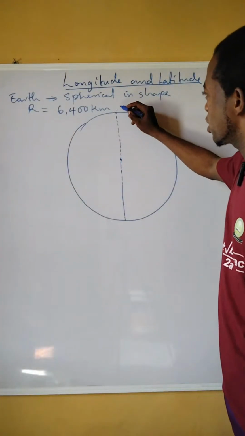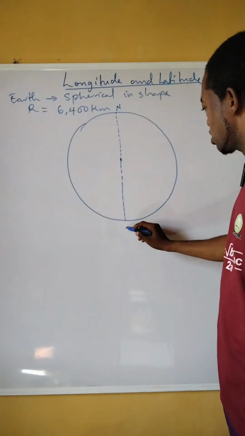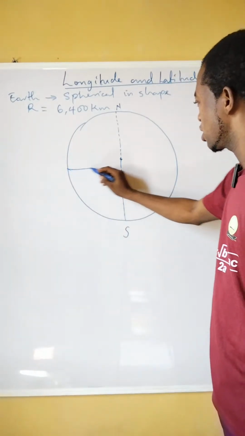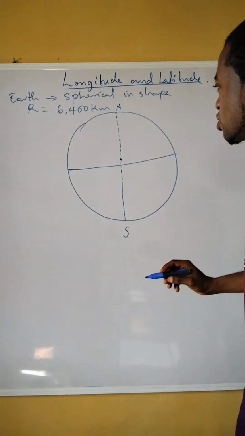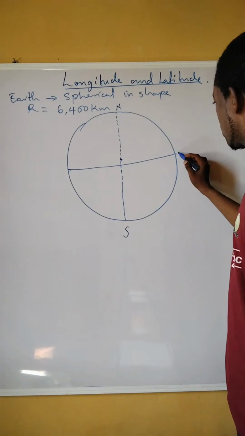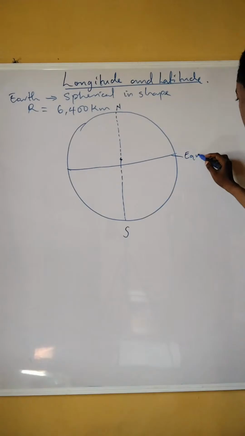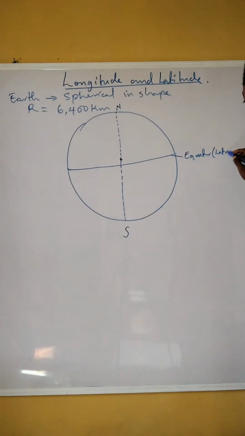This side is the North Pole, this is the South Pole, and close to the center we have a line called the equator, which is the same thing as latitude 0 degree.